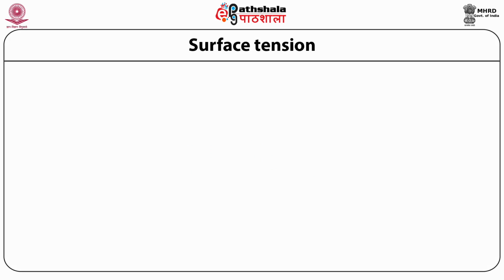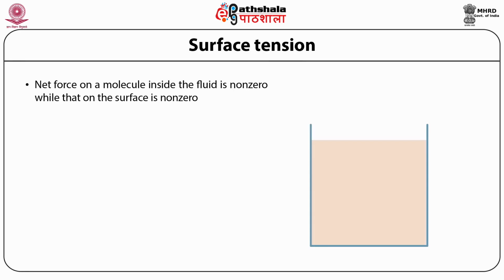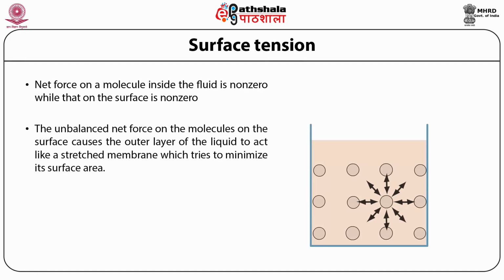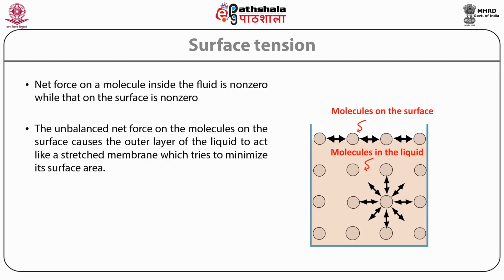The basic description of surface tension can be understood from this picture, where you have a liquid in a container. The net force on a molecule inside the liquid is zero, while that on the surface is non-zero. The unbalanced net force on the molecules on the surface causes the outer layer of the liquid to act like a stressed membrane, which tries to minimize its surface area.